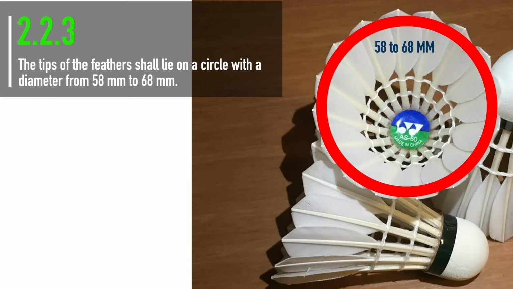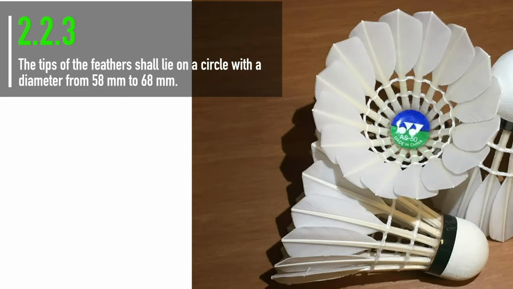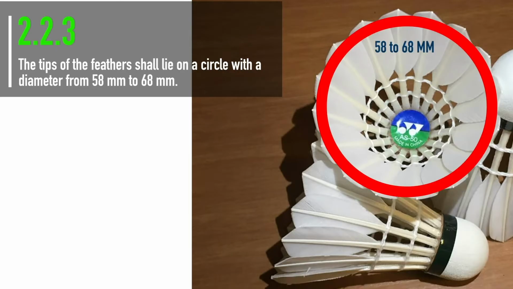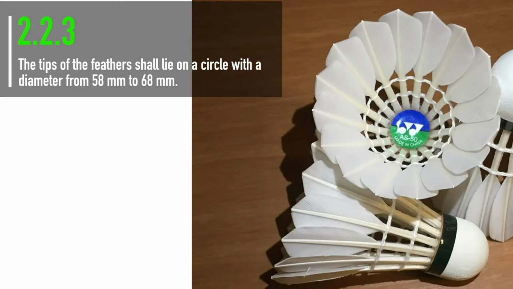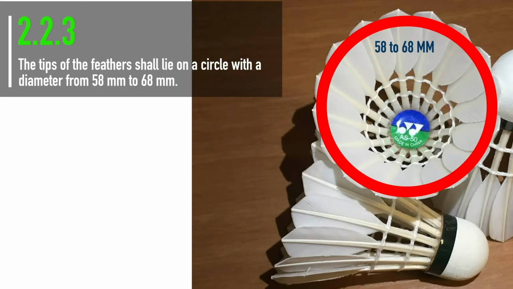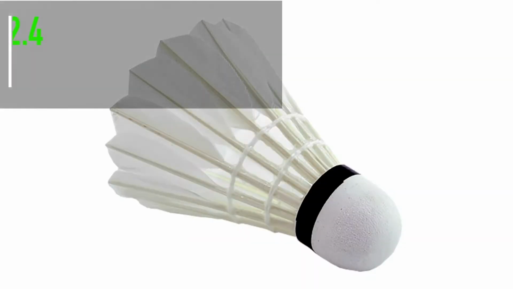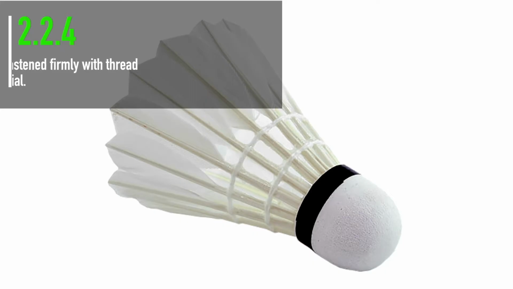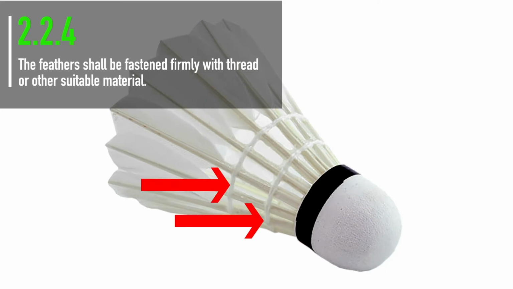The tips of the feathers shall lie on a circle with a diameter from 58 millimeters to 68 millimeters. The feathers shall be fastened firmly with a thread or other suitable material.